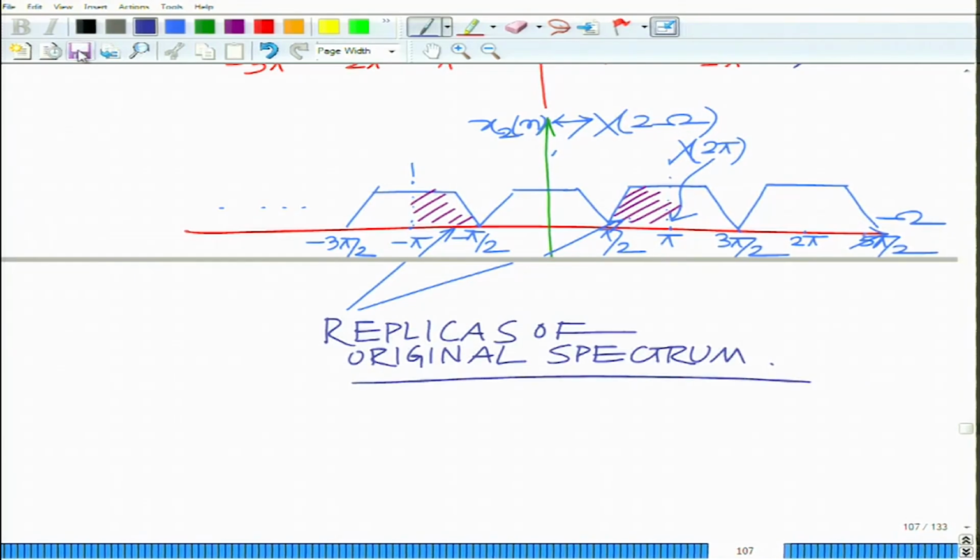The number of such replicas is equal to the upsampling factor. If you upsample by a factor of 3, you have the original and 3 other replicas. If you upsample by a factor of 4, 1 original and 3 other replicas. That is the interesting aspect of upsampling.